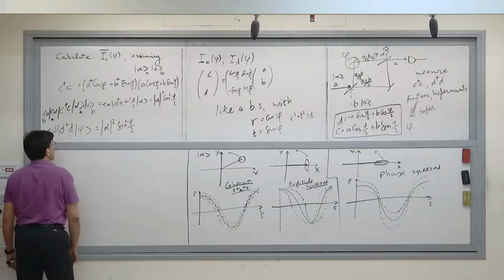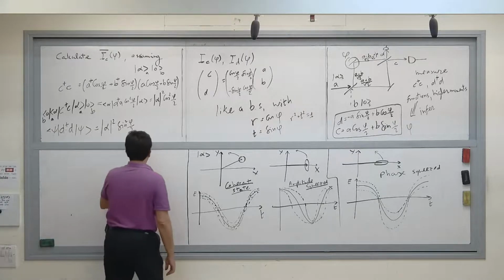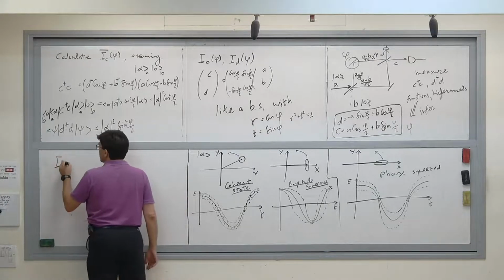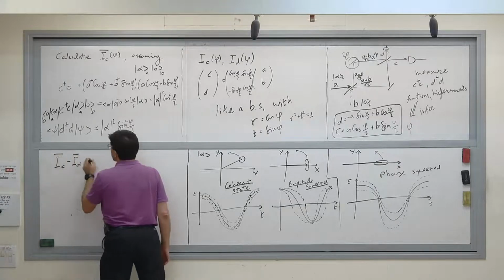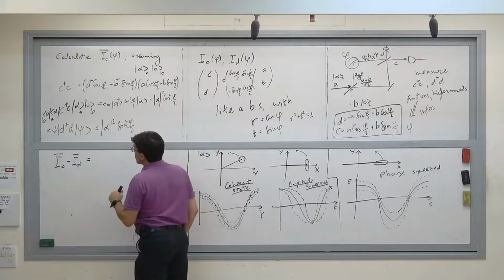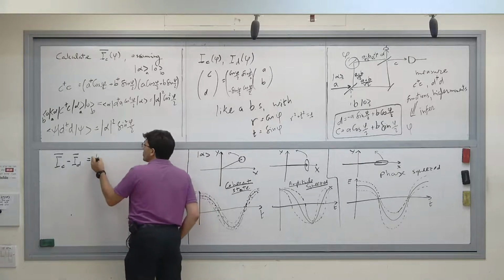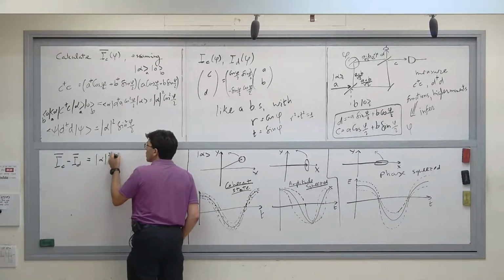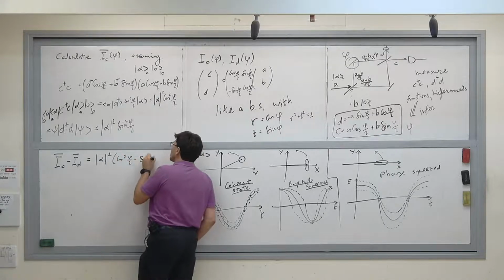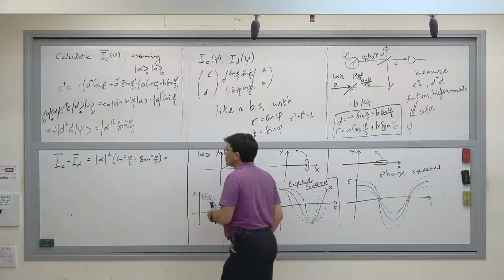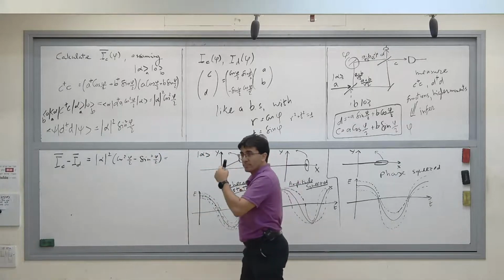And if we take, for example, this I_C minus I_D, the average difference between those two, then that would be alpha absolute value squared times cosine squared phi over 2 minus sine squared phi over 2, which is cosine of phi.